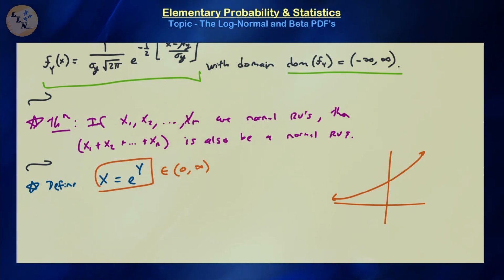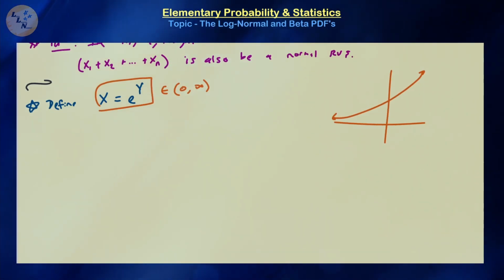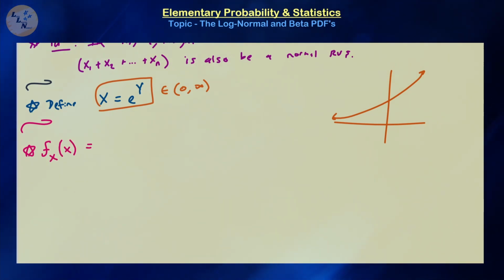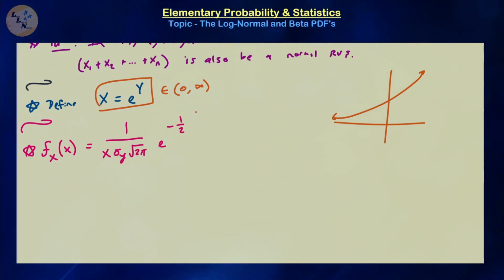So one can ask, well, if it's not normal, then what is it? Let's just look at a couple properties of this. One can show that the density function of this new random variable x is going to be equal to 1 divided by x sigma y times the square root of 2 pi, times e to the minus 1 half the quantity natural log of x minus mu y all over sigma y, squared.